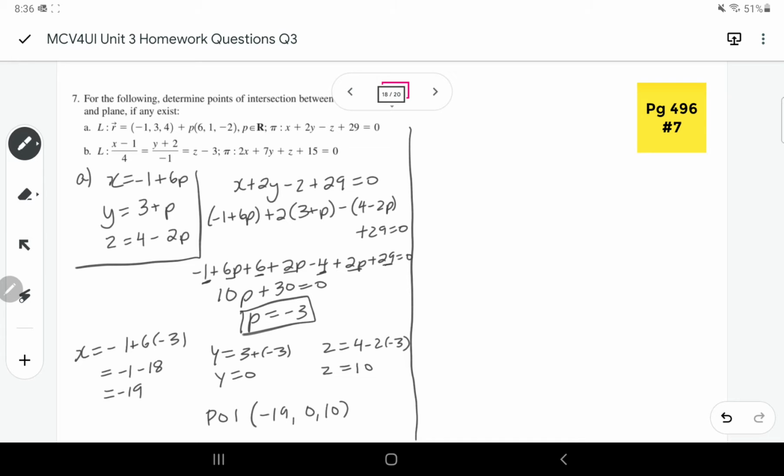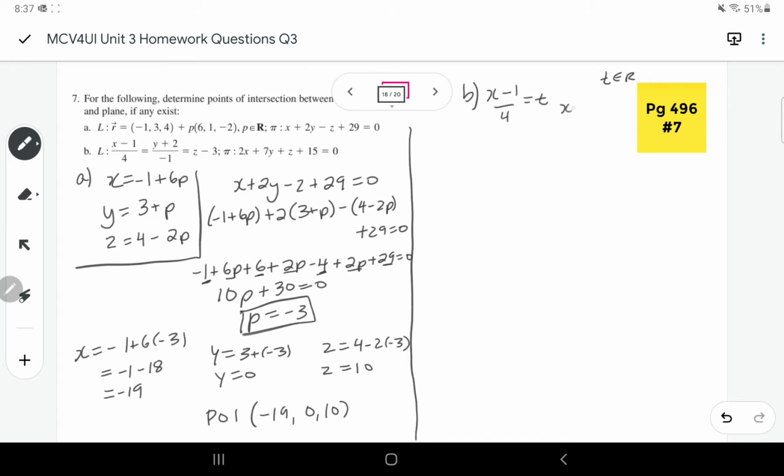So it's similar for B, except that we need to rewrite x, y, and z from the symmetric form of the equation of those lines into parametric. So remember, in the symmetric form each of those pieces of the equation would be equal to our t value, or whatever variable you want, but I'll just do t.